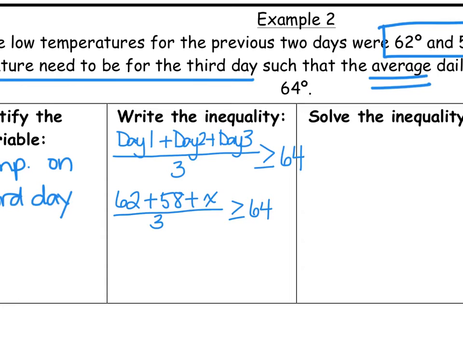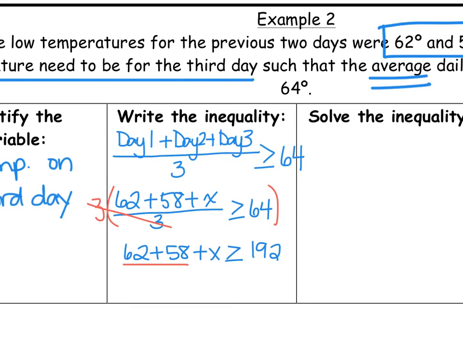So there's our inequality. We need to clear that fraction, so I'm going to multiply everything by 3. These will cancel, and I'll get left with 62 plus 58 plus x is greater than or equal to 3 times 64, which is 192.